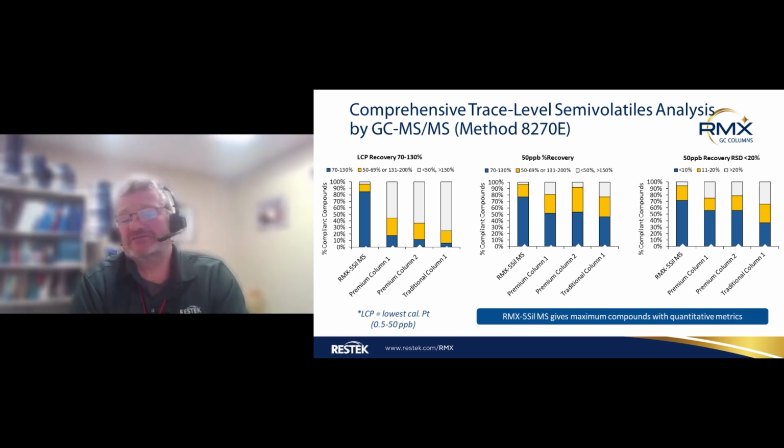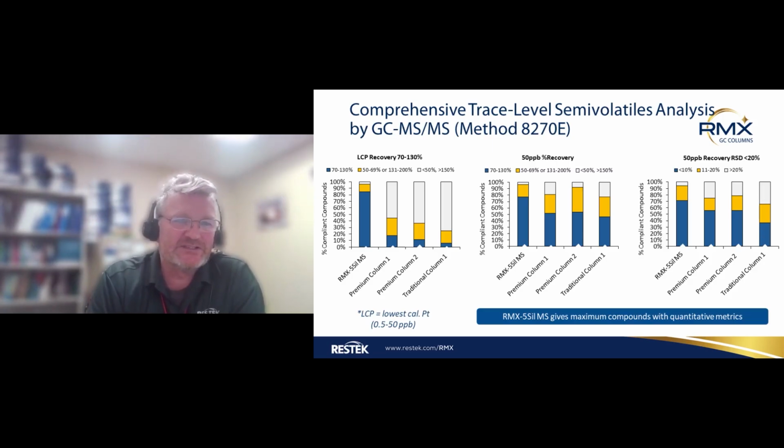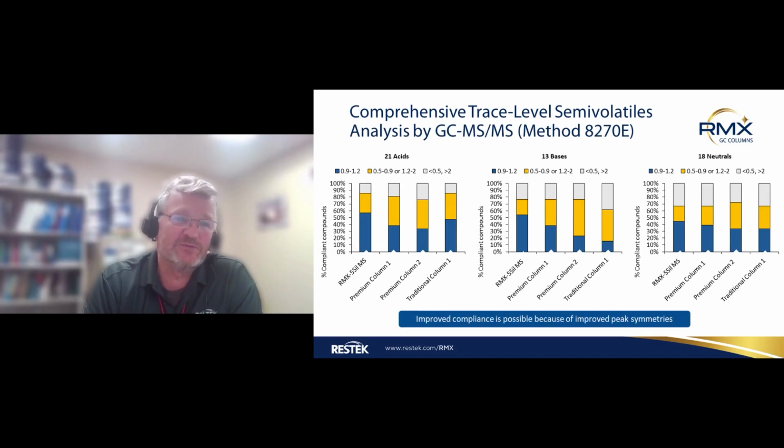And then if we do replicate analysis, we also see that we have really good run-to-run reproducibility when we run a 50 ppb check standard repeatedly and calculate it off the calibration curve. So all of those show positive results for this column and show that this column does really well at low levels for active compounds.